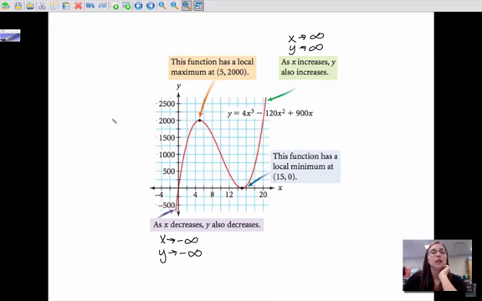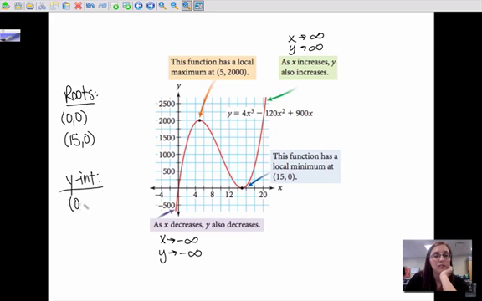And then also the other thing that you would want to make sure that you point out are the roots. And usually I like you to list those as points. So that'd be (0, 0) here, and here (15, 0). And in this case, the y-intercept is also the same as one of the points because it's at the origin. So that's both the y-intercept and a root.